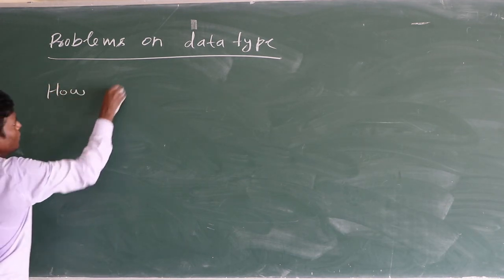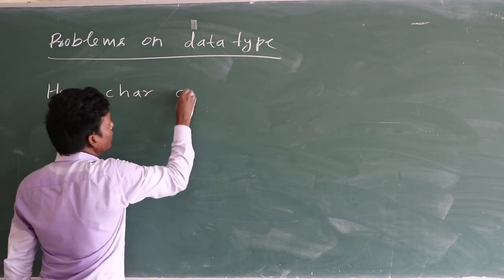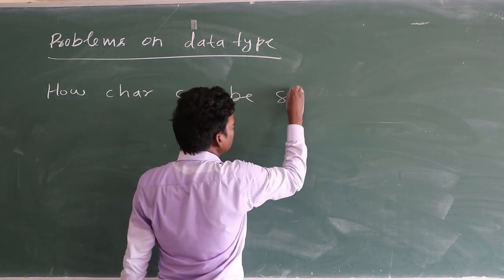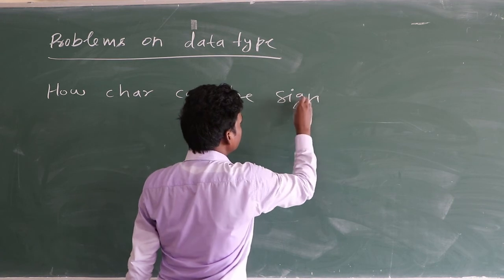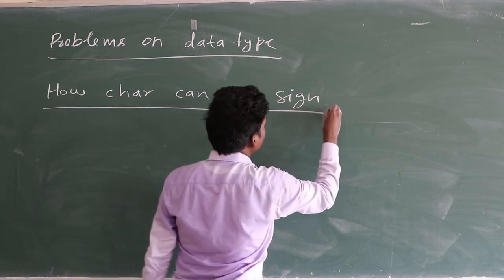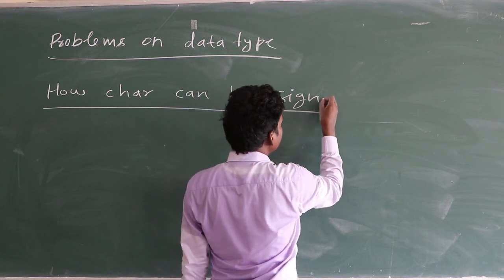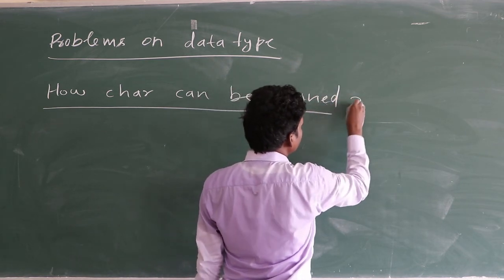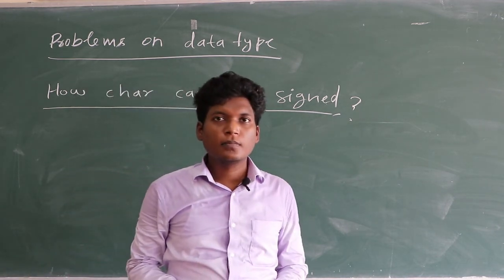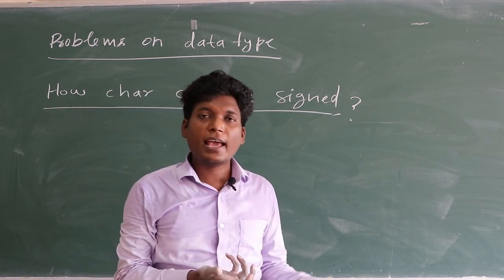How can char be signed? How can char data type be signed? Char is a character. How does it have a sign?